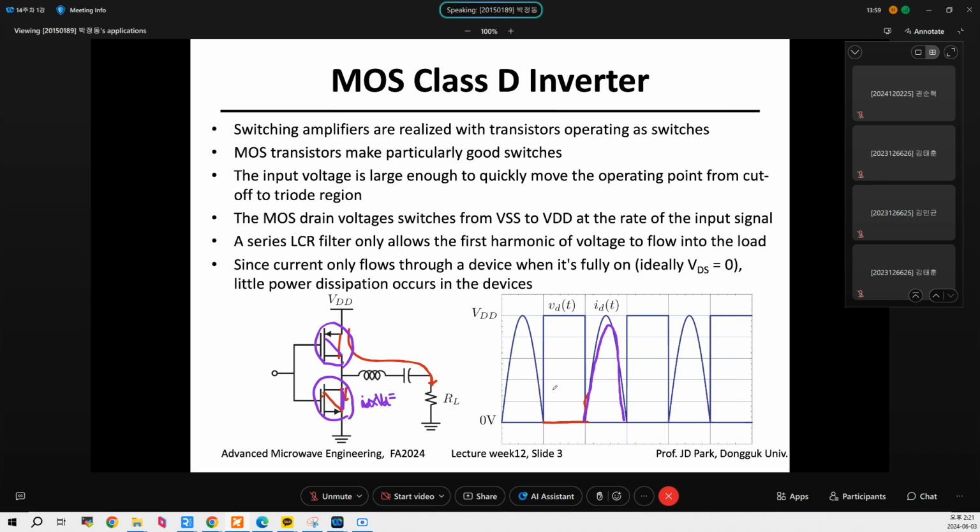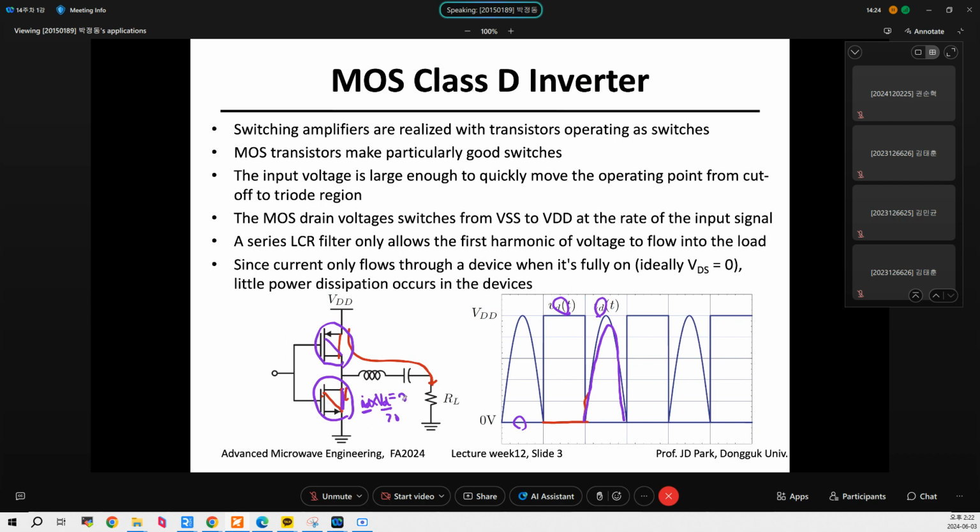But for this case, when ID is larger than 0, then VD is 0. When VD is larger than 0, ID is 0. So in either case, there is no overlap between VD and ID.